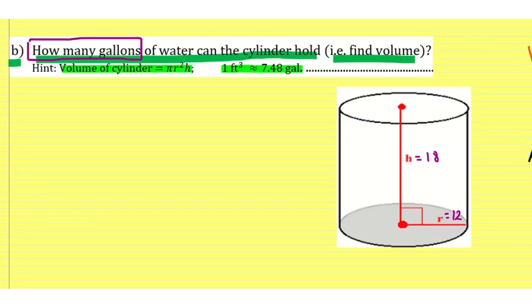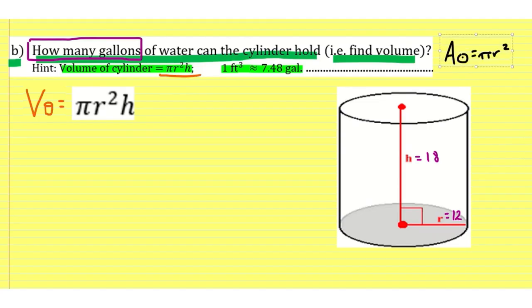So let's talk about this volume equation. The volume of a cylinder is equal to pi r squared h. So what does that mean if we break it down? Well, I want us to think back and remind ourselves that the area of a circle is equal to pi r squared. That is the area of a circle formula. Well, guess what's inside of this volume equation?